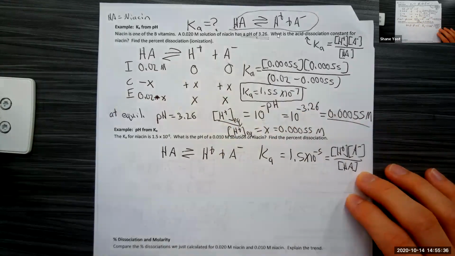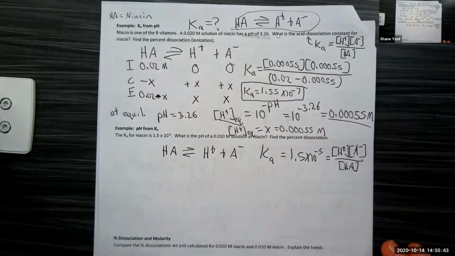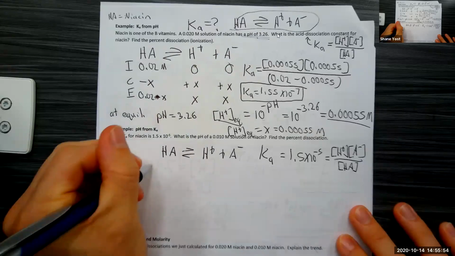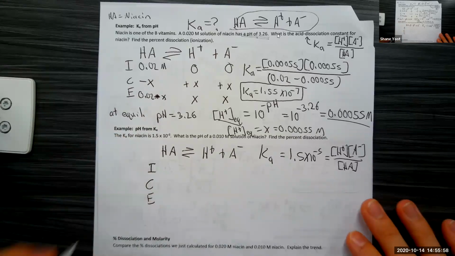I'm asked for the pH of the solution, which is related to the equilibrium concentration of H plus. So I'm looking for the concentrations at equilibrium, which tells me I have to use my ICE table.